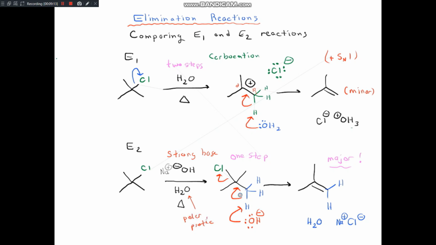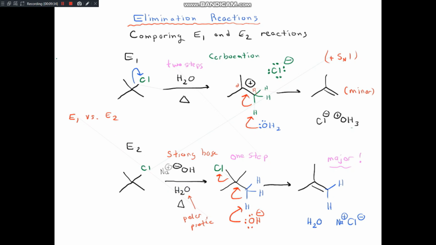So all things considered, the last question is really, when do you know, let's say we had E1 versus E2. Notice here that the only difference is that we have a strong base present and we have our solvent present as well.